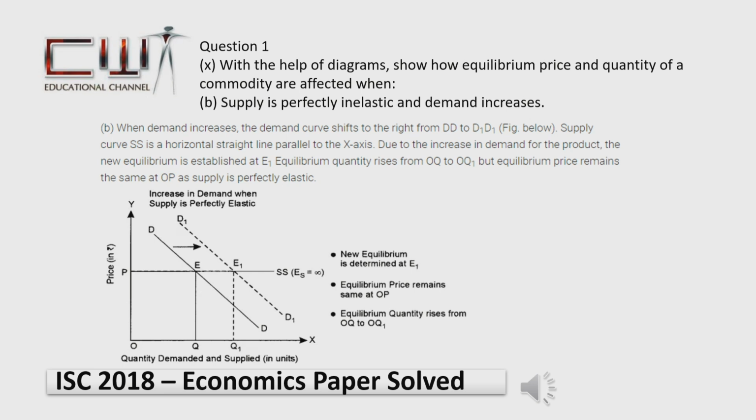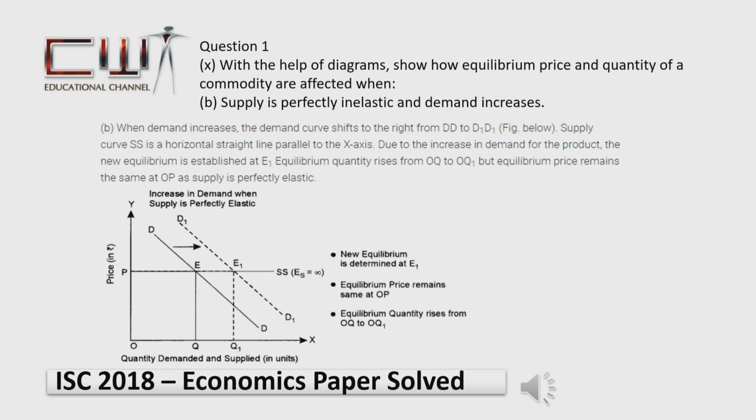Considering the second case where supply is perfectly inelastic and demand increases, we again take price on the y-axis and quantity demanded and supplied on the x-axis. SS is the supply curve and DD, D1D1 are the demand curves. When demand increases, the demand curve shifts to the right from DD to D1D1.